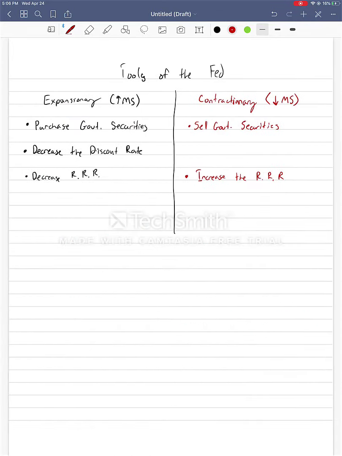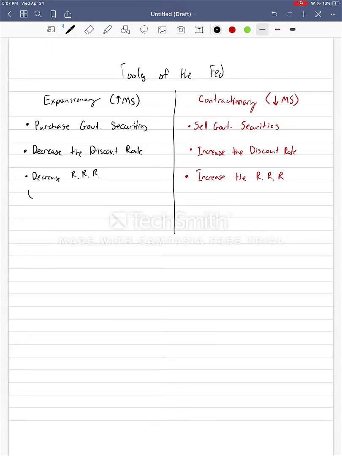So these are the three tools of the Fed. They can use open market operations. They can use the discount rate. So we said increase the discount rate for contractionary monetary policy. Or they can use the required reserve ratio.